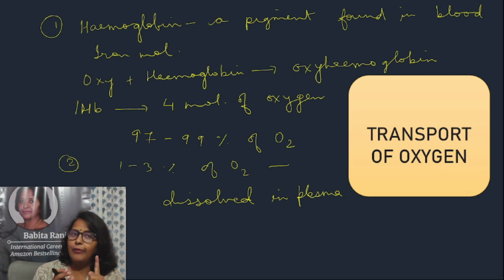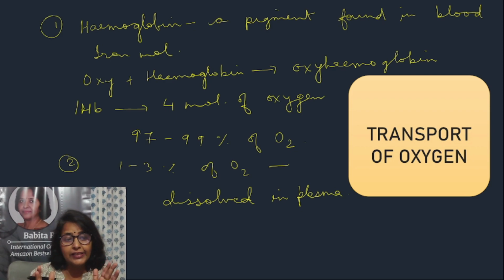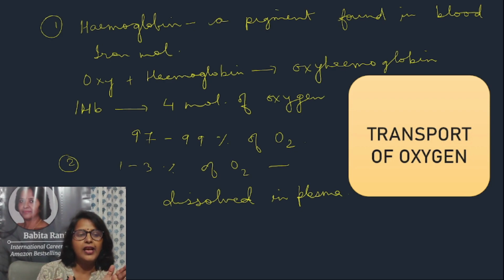So one hemoglobin can carry 4 molecules of oxygen. When oxygen combines with hemoglobin, it forms oxyhemoglobin, and 97 to 99% of oxygen is carried along with hemoglobin. 1 to 3% of oxygen is dissolved in plasma, and then it is transported to different parts of the body.